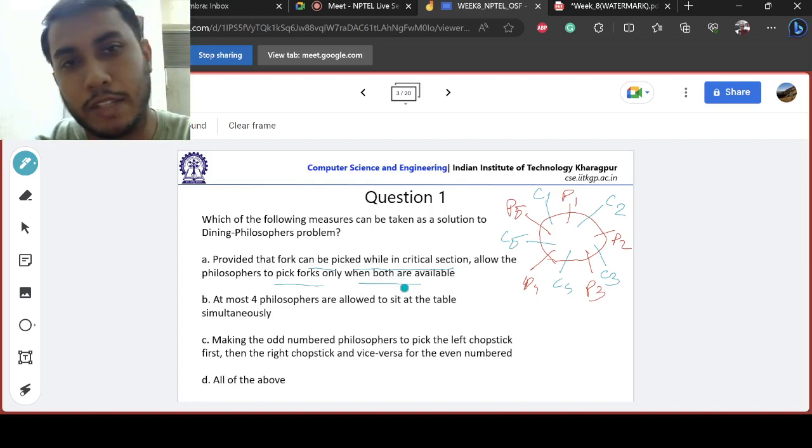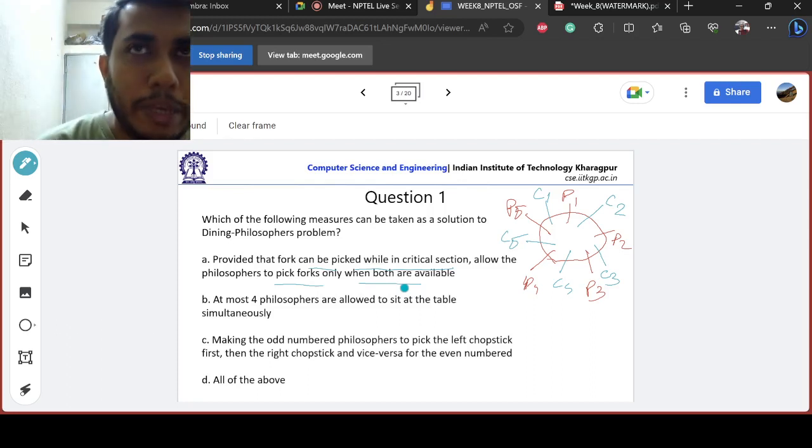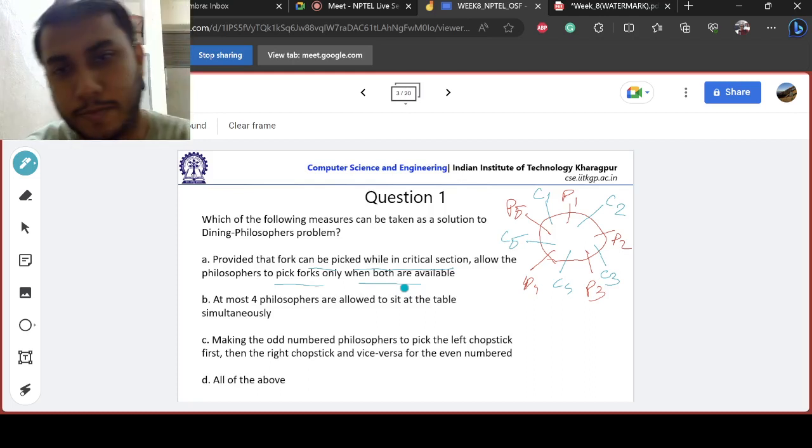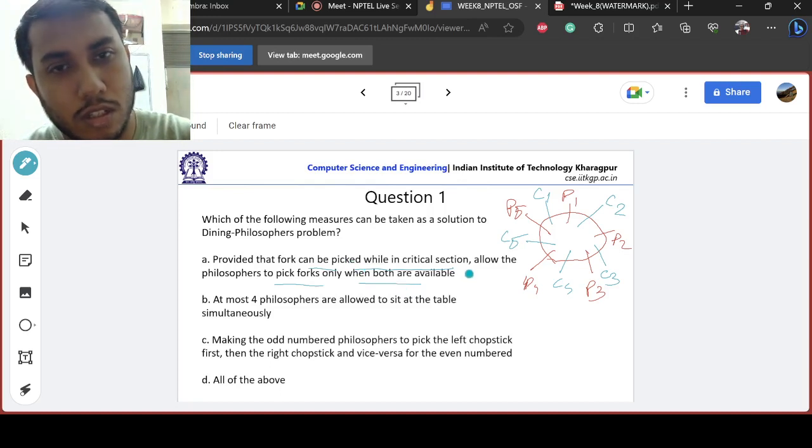It's not that if only C1 is available, I will pick up C1 and wait. It has to pick up both C1 and C2 only if both are available, else it will not pick up anything. So this one is true.